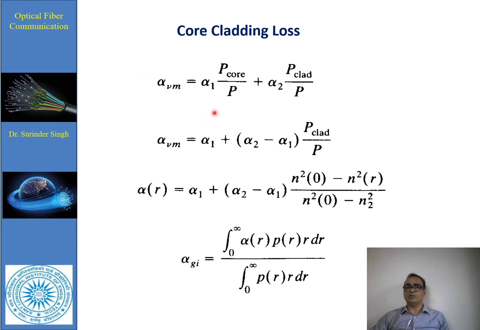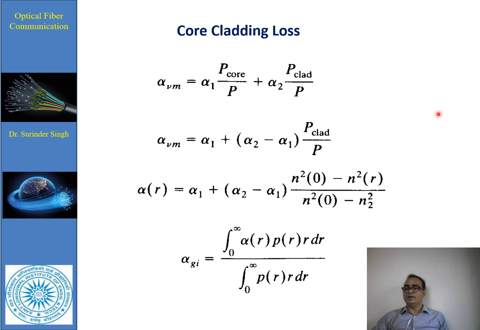This power we can represent as alpha 1 P core upon P, where P is the total power and P core is the power in the core, plus alpha 2 P clad upon the total power. Also, P core upon P plus P clad upon P is equal to 1.